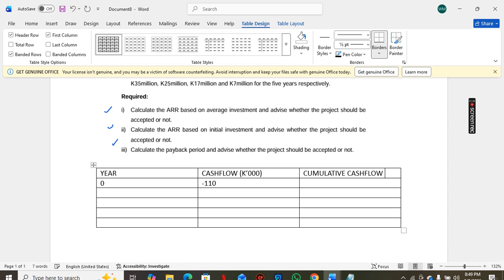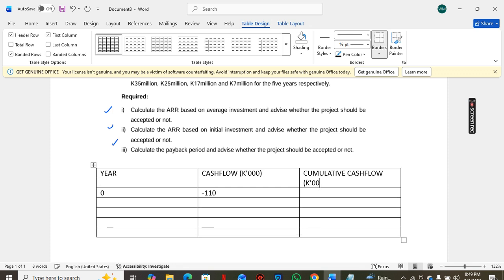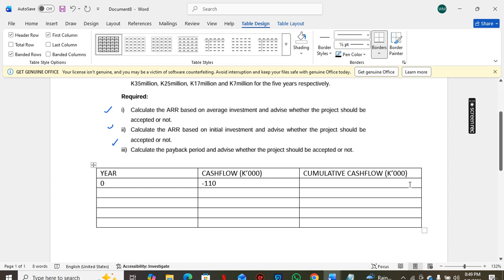Yes, it's the initial money we invested, because it's money coming out of our pockets. So here on cumulative cash flow, you're going to say negative 110 million. Okay. Year 1, you get your 24 million.